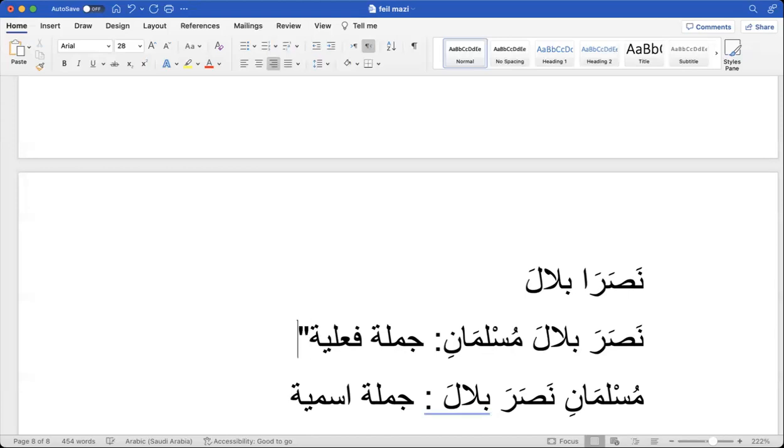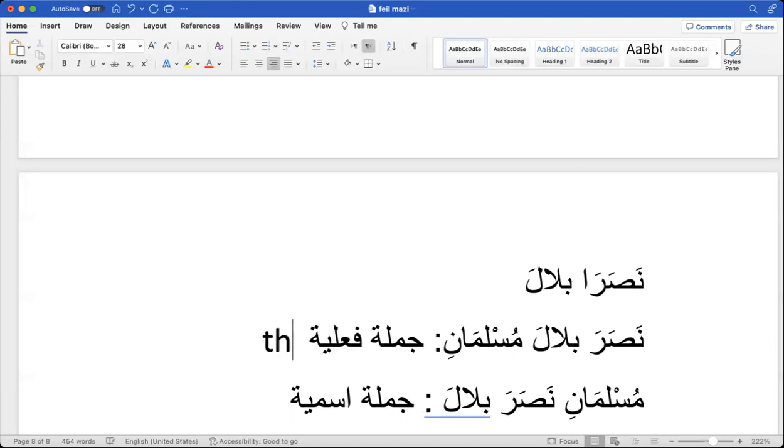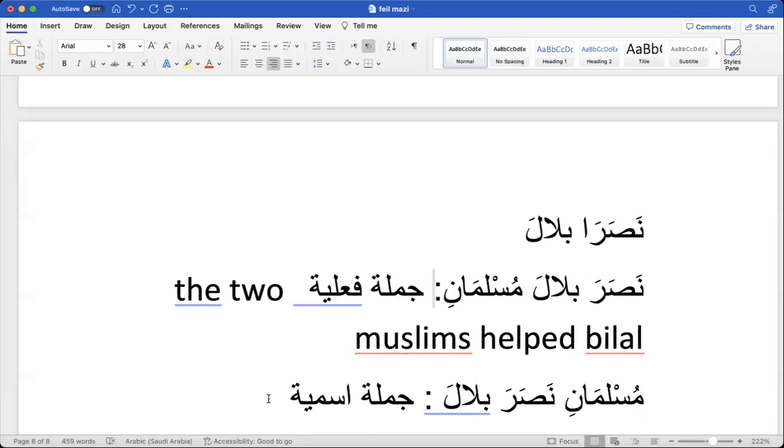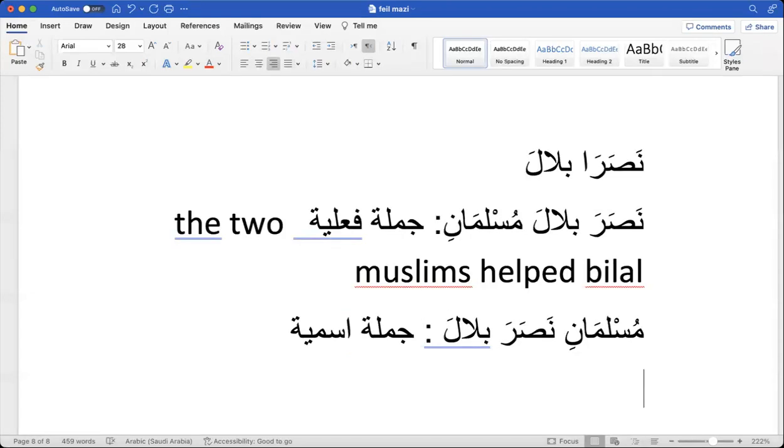In the first case, the meaning is the two Muslims helped Bilal. In the second case, it also means the same thing: the two Muslims helped Bilal.